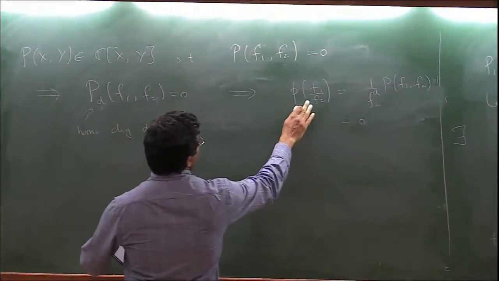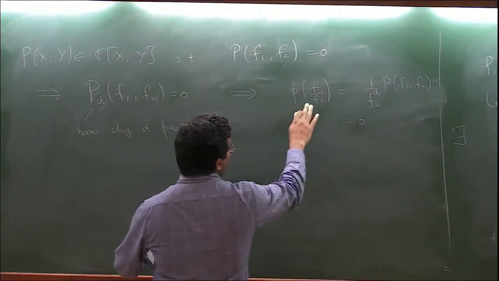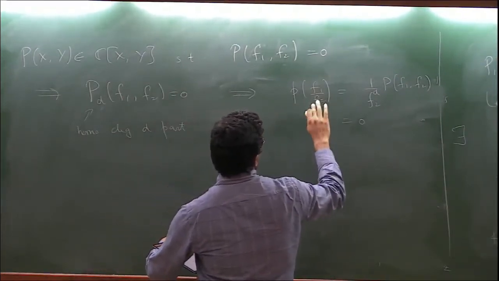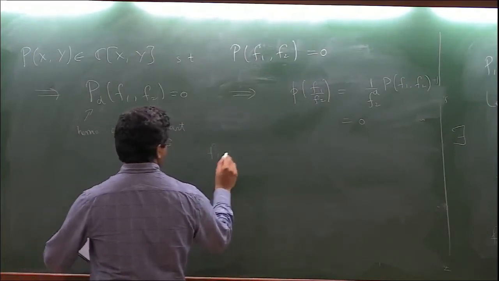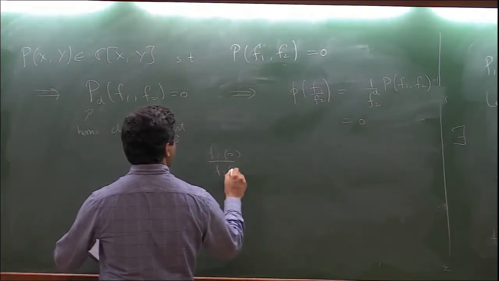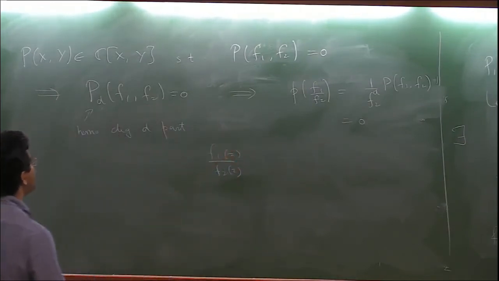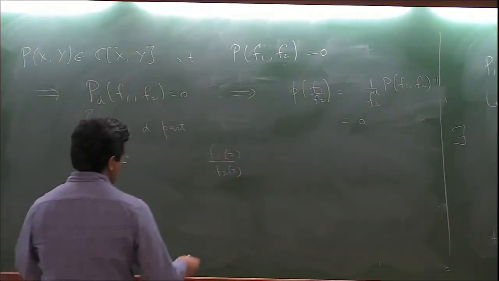But this is a complex polynomial, so it has only finitely many zeros, so it means that F1(z)/F2(z) only takes finitely many values for all z in the upper half plane.